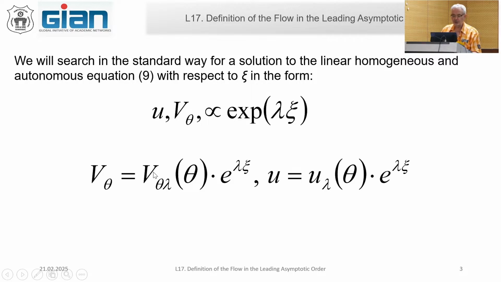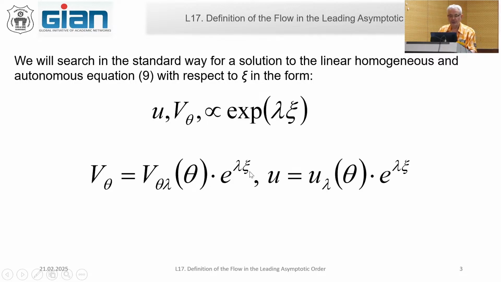And so eventually we have this representation, where there is a component which could depend on the various values of lambda. And also there is the exponential part, and this xi component.